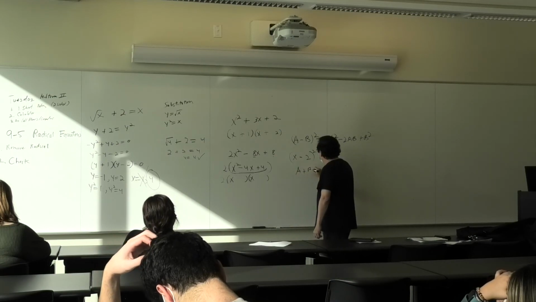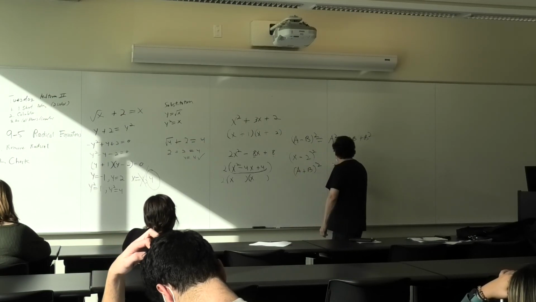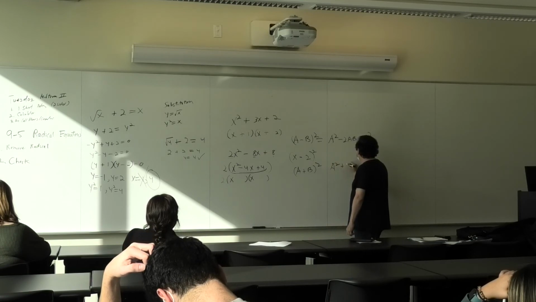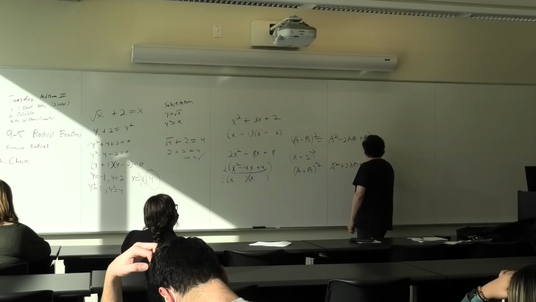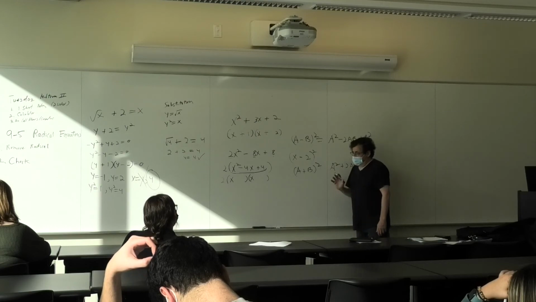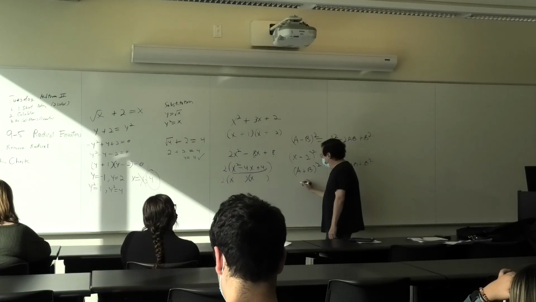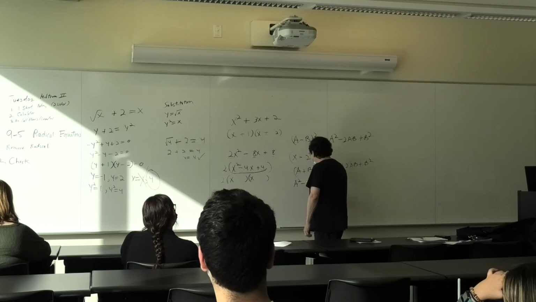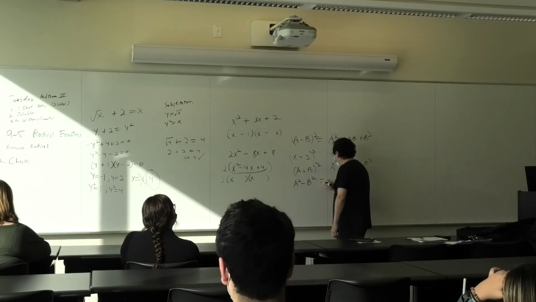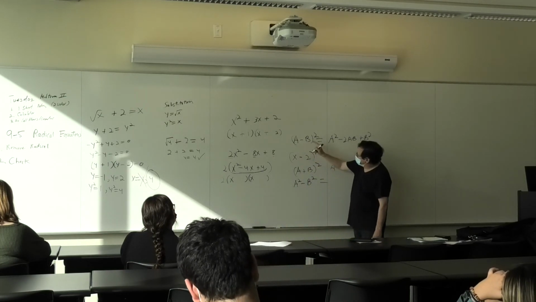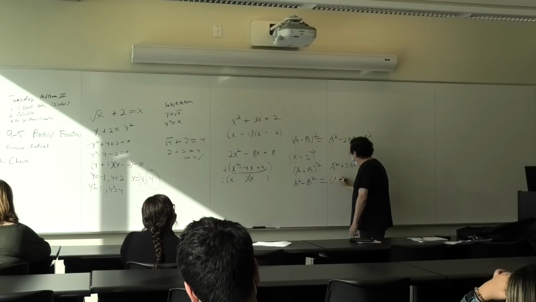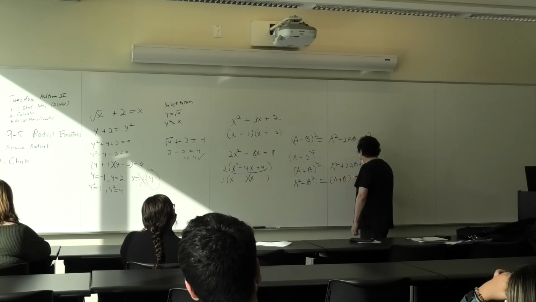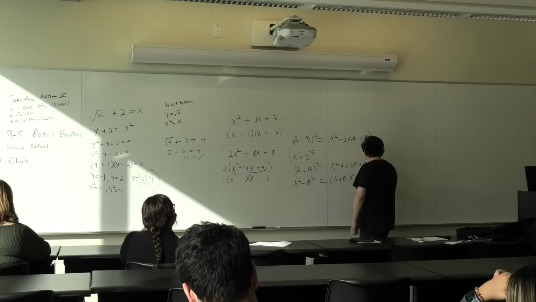A plus b squared is a squared plus 2ab plus b squared. And the other really important pattern is a squared minus b squared, not to be confused with a minus b squared. This is a plus b times a minus b.